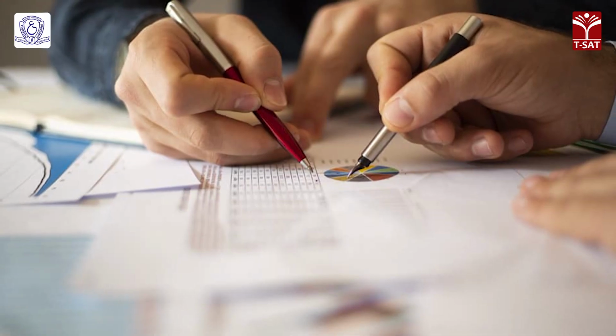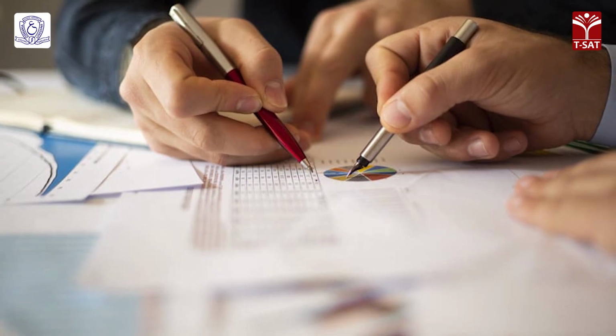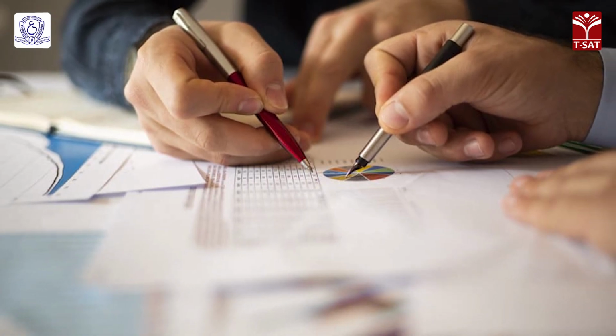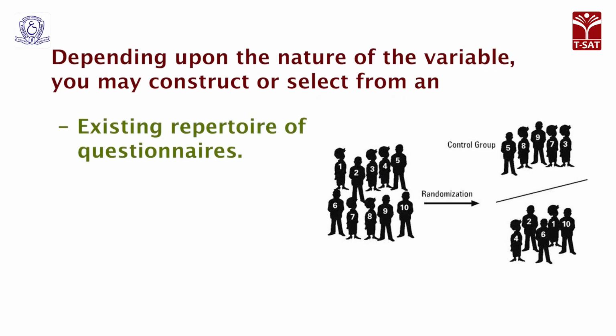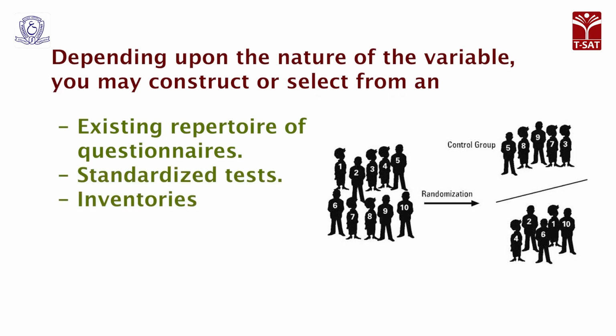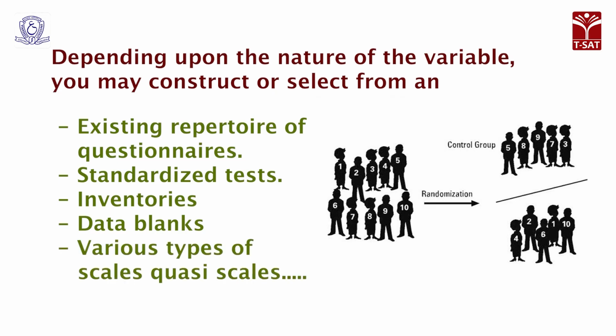Selection or construction of research instruments is directly linked to the choice and definition of variables. Depending upon the nature of the variable, you may construct or select from an existing repertoire of questionnaires, standardized tests, inventories, data blanks, various types of scales and quasi-scales, etc. Although it is desirable that every research instrument is reliable and valid, it may not be possible in all cases.